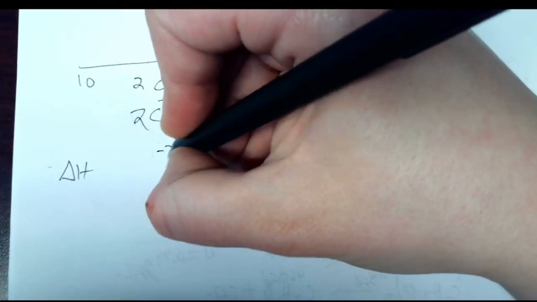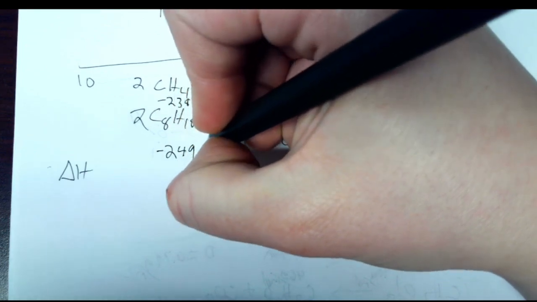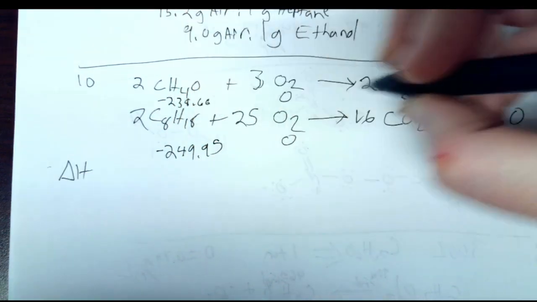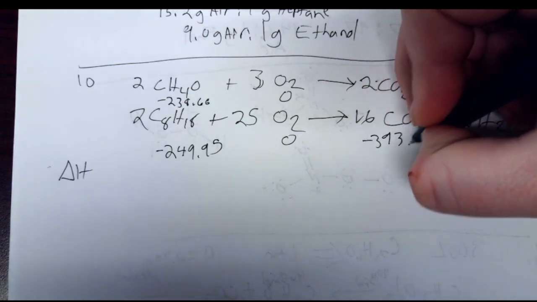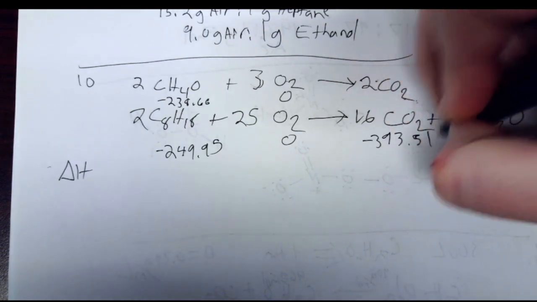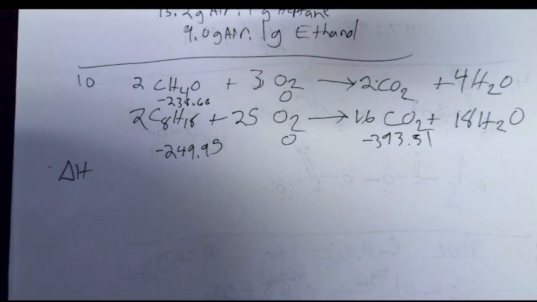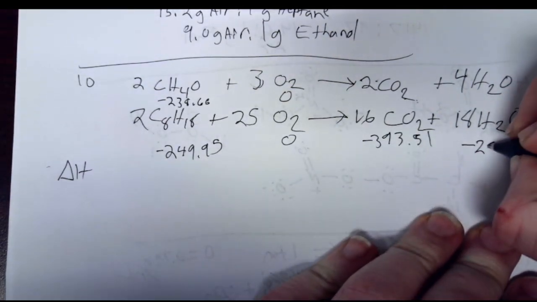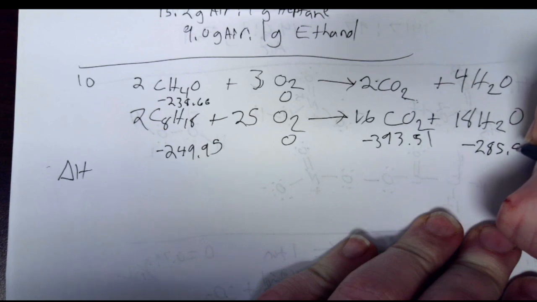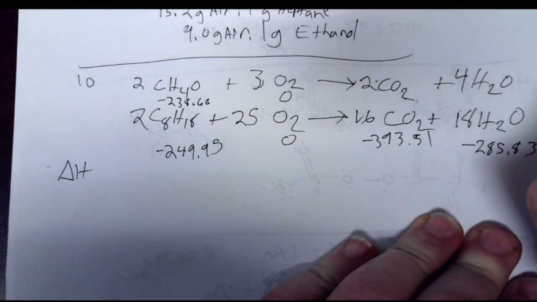The enthalpy of octane, 249.95. The enthalpy of CO2 is 393.51. And the enthalpy of water is something like negative 285.83.